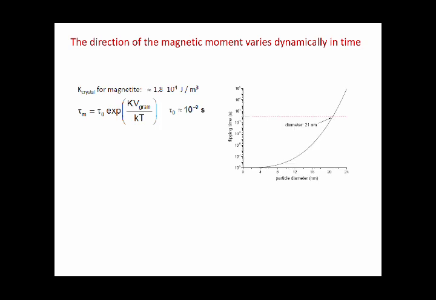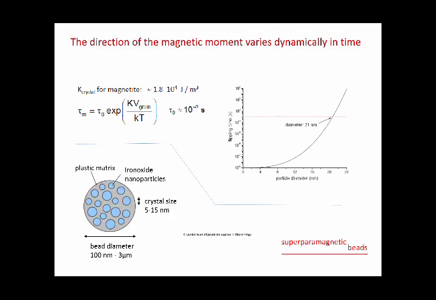So what we do then is calculate the anisotropy constant K, which is almost 1.8 × 10^4 for magnetite. Then we can calculate the average time it takes to rotate between north and south and again to north pole. Its application in the biomedical field is not in a naked form.